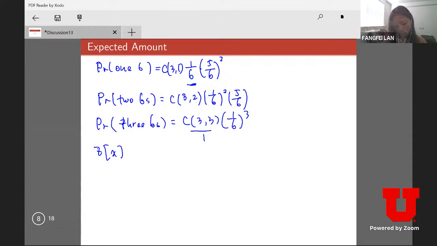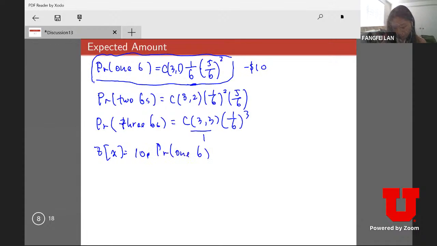We go back to the same thing. Whenever this event happens, we get $10, so 10 times the probability of one 6. Whenever this happens, we get $25.